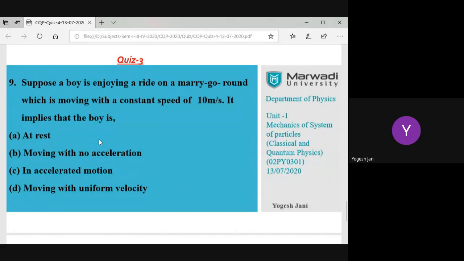Okay. So, Viraj, what should be your answer? Yeah. So, the people have given answer B, and I do hope you have understood now.